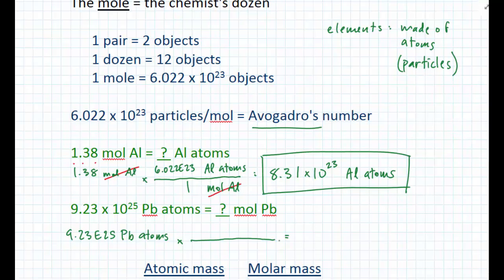Make sure in the conversion factor that Avogadro's number is next to the particles. In this case, our particles are lead atoms. Good.